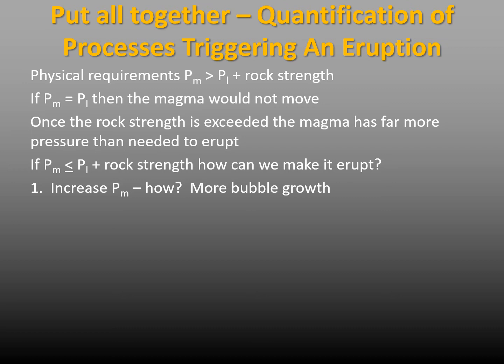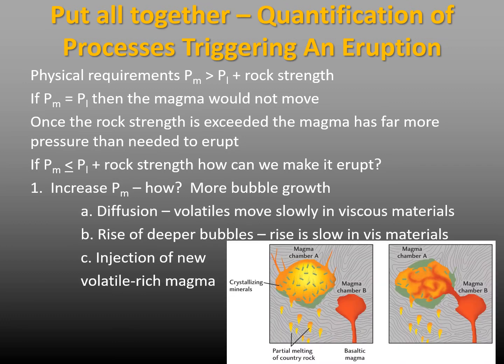How can we make the magma less dense? Well, one way would be to grow bubbles. Make more bubbles in there. That would make it more buoyant. How do we make this magma more buoyant?